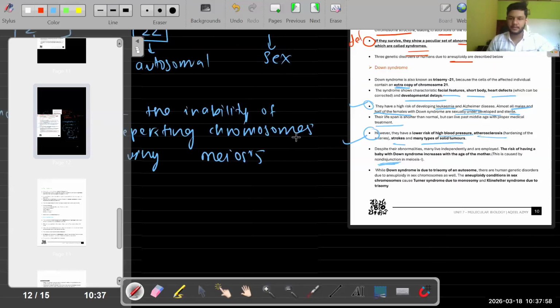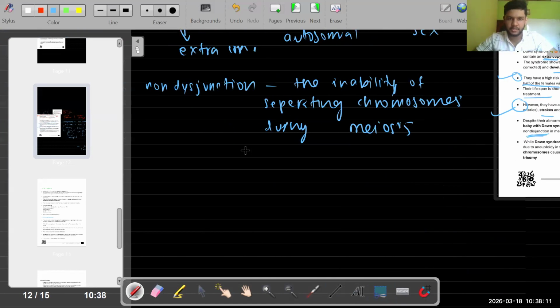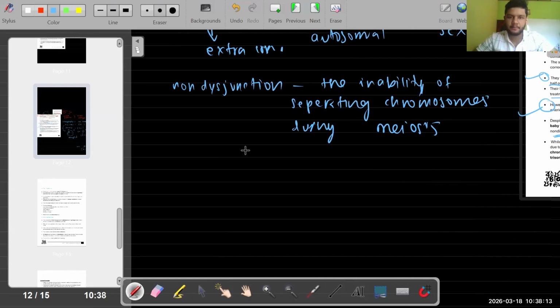I said that normally the cell during its anaphase should separate, but due to an error, an abnormal arrangement, they won't be separating. That inability to separate is called non-disjunction. Simply that is the idea, right? Is it clear? No doubts, right? As this is the first time you are coming across these words, you might forget them easily. Is it clear what non-disjunction means?